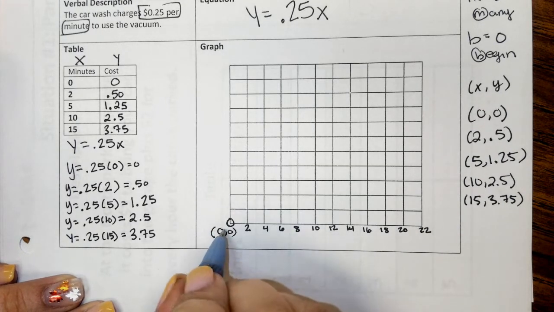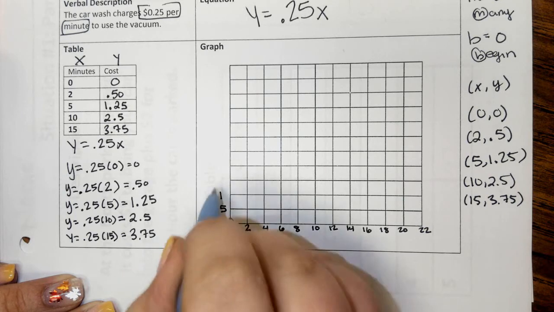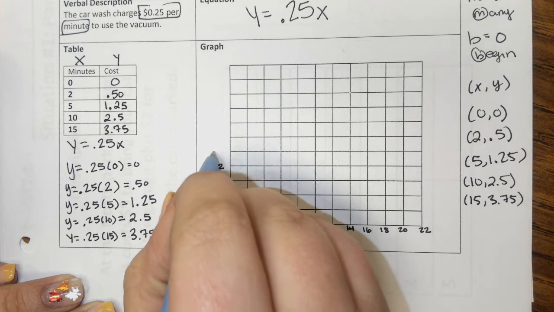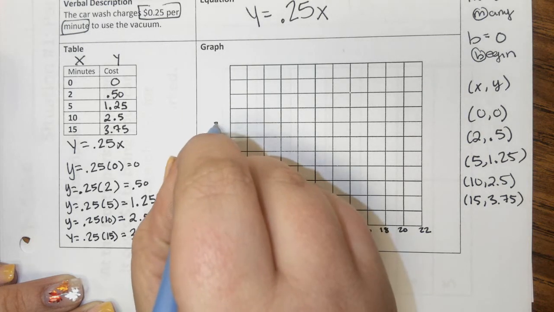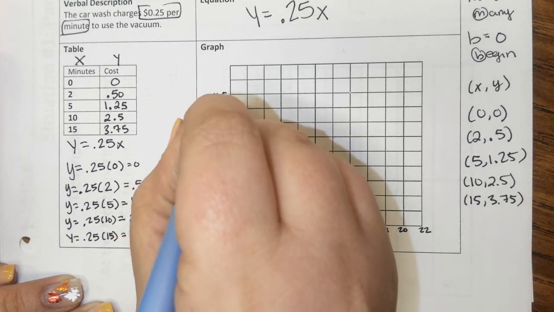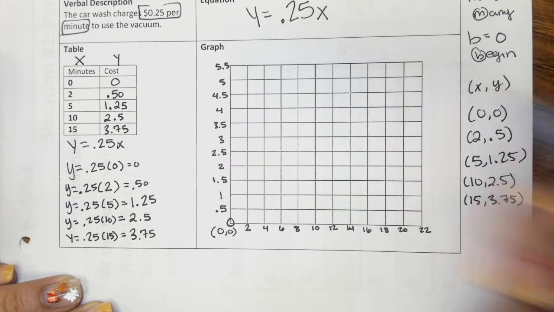So I have 0, then that would be 0.5, 1, 1.5, 2, 2.5, 3, 3.5, 4, 4.5, 5, and 5.5.